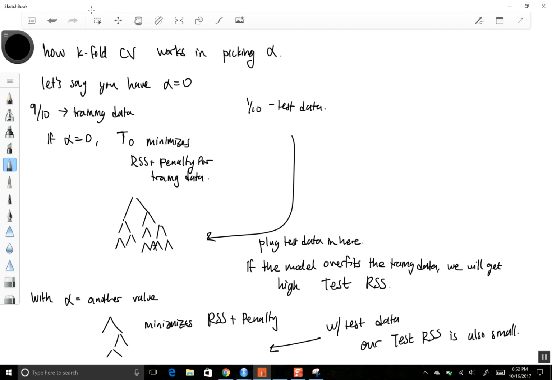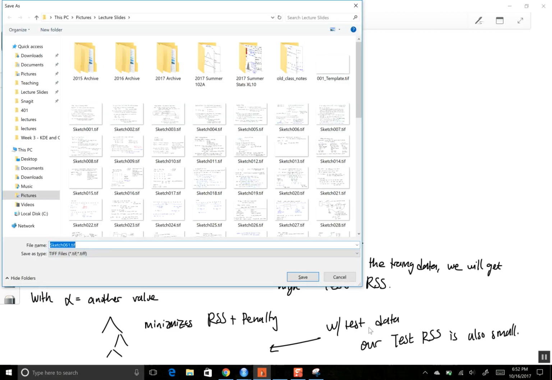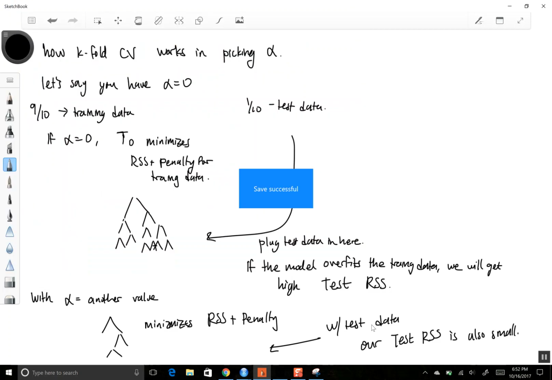So we would pick the alpha that minimizes the test RSS across the different folds.